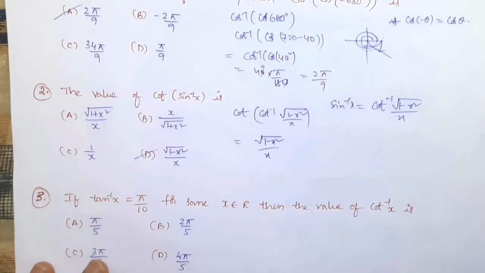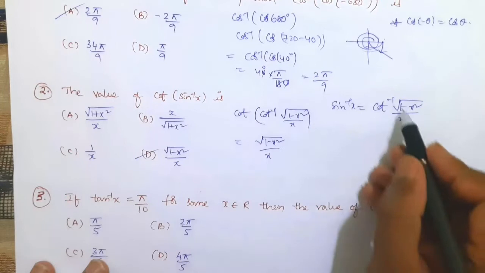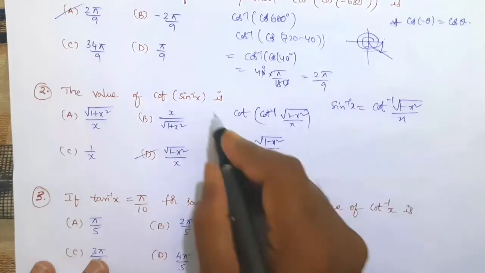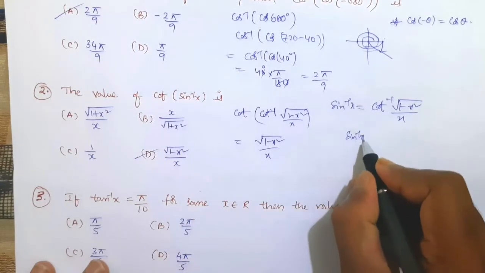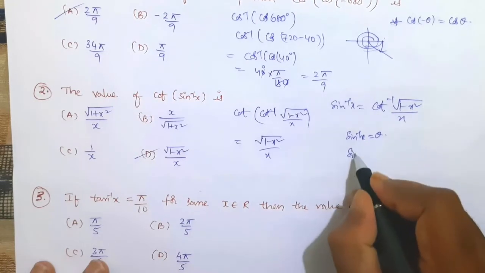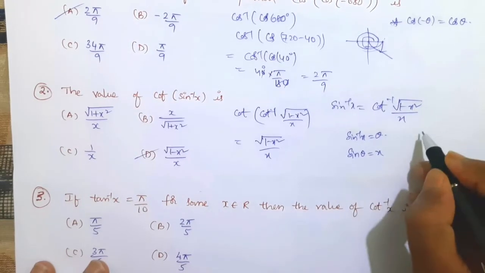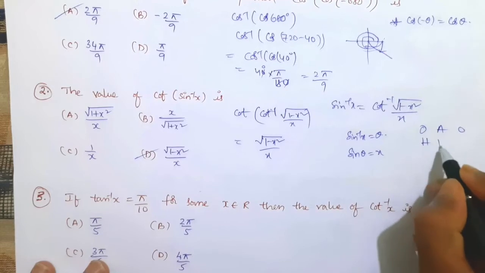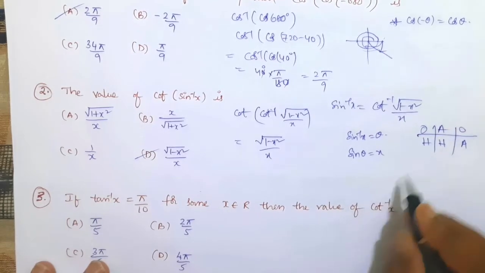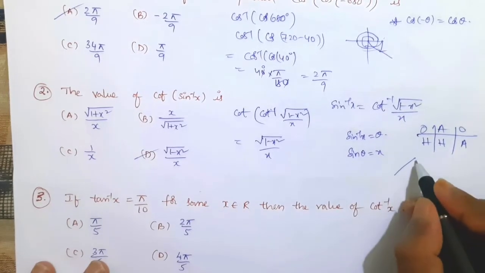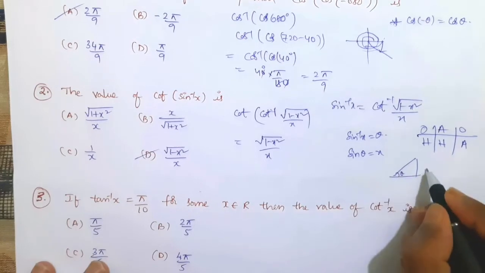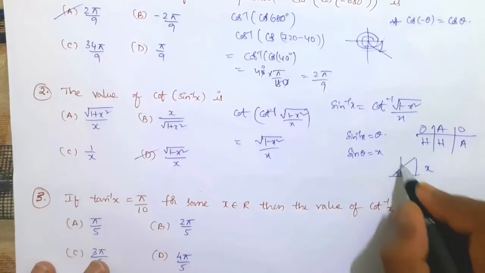You may think, sir, if we did not remember this, how to get it? Simply take sin inverse x equal to some theta, that means sin theta is equal to x. According to OAH, sin is opposite by hypotenuse, so this is x, this is 1.